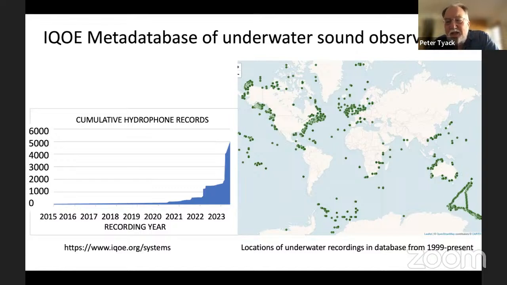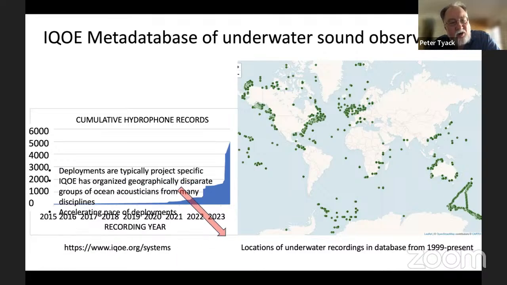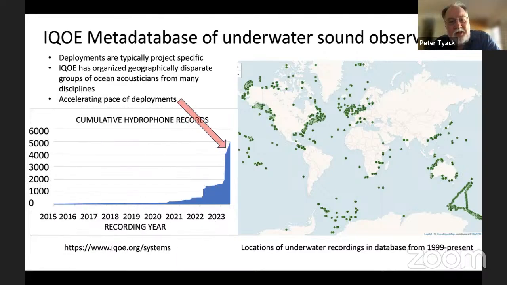And if you look at the locations, they're not quite as good as the May 2021 distribution, but they're pretty good for a global distribution. And they have some of the same problems the biology ones had: pelagic oceans, Arctic and Antarctic coverage needs to be improved. The striking thing here is the growth in deployments.